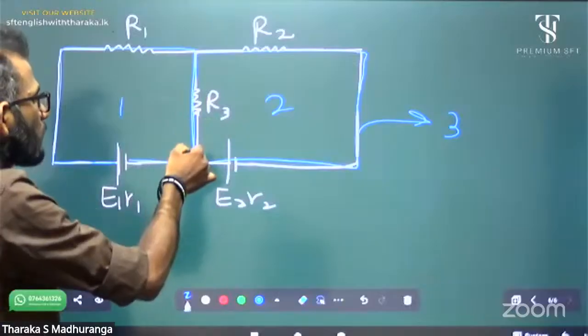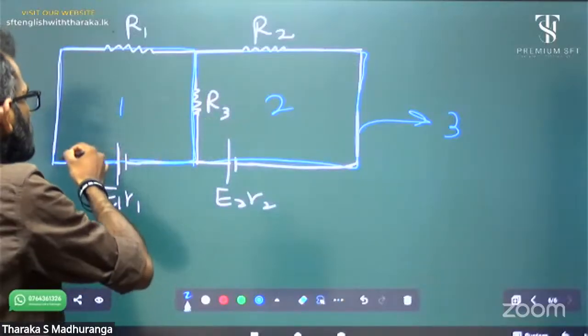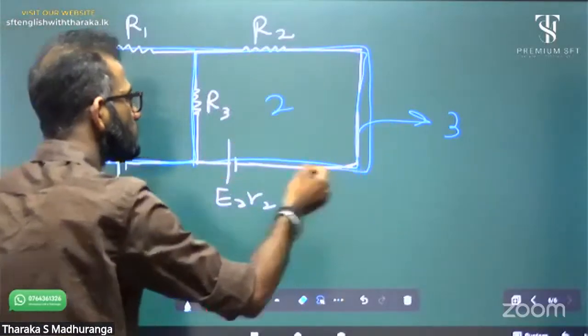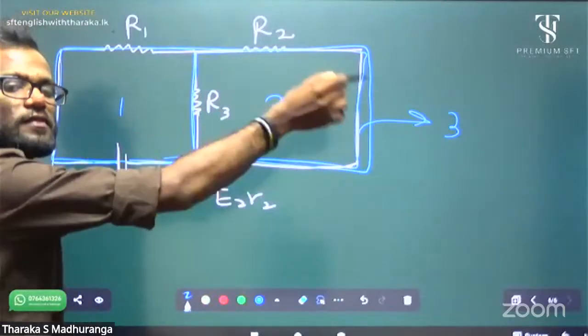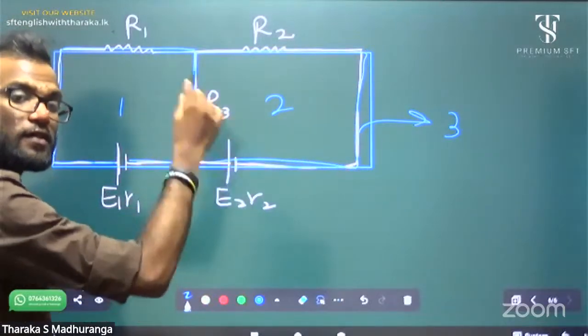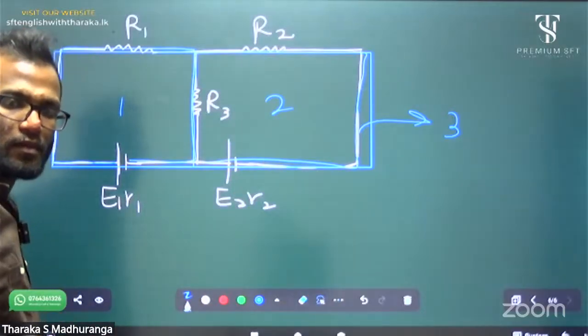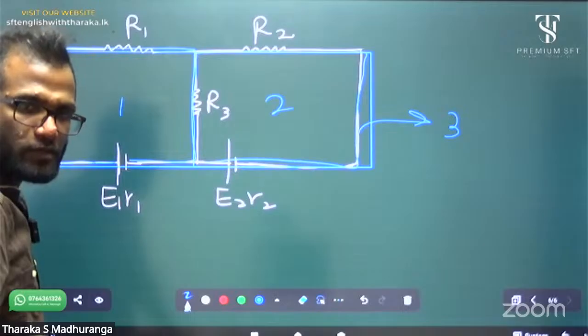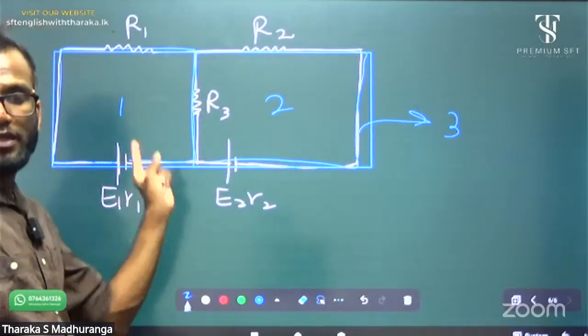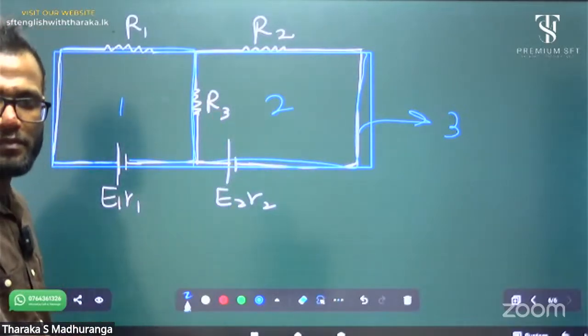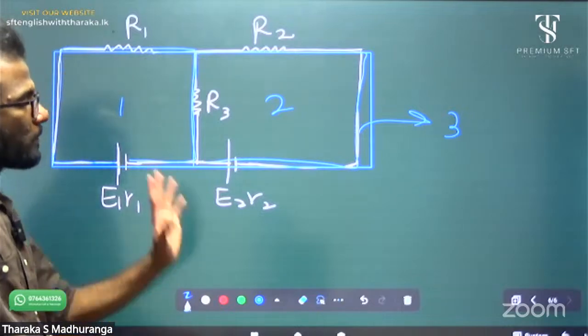Without this middle path, that's the third one. Understood? It has 3 closed loops. Joel, understood? It has 3. Okay.